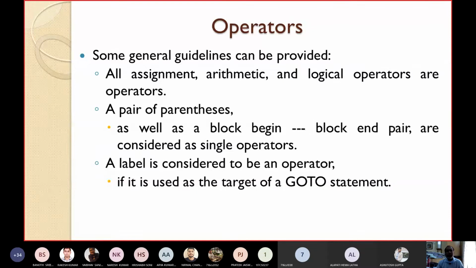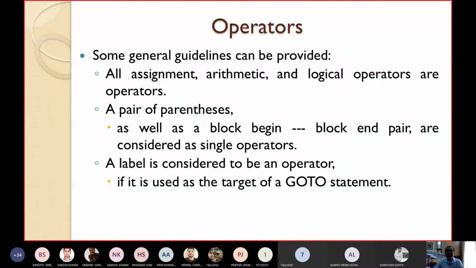All assignment, arithmetic, and logical operators will be treated as operators. You already know C, C++, many programs. So all the assignment operators, arithmetic operators, and logical operators are treated as operators. Similarly, a pair of parentheses, as well as a block begin and block end.